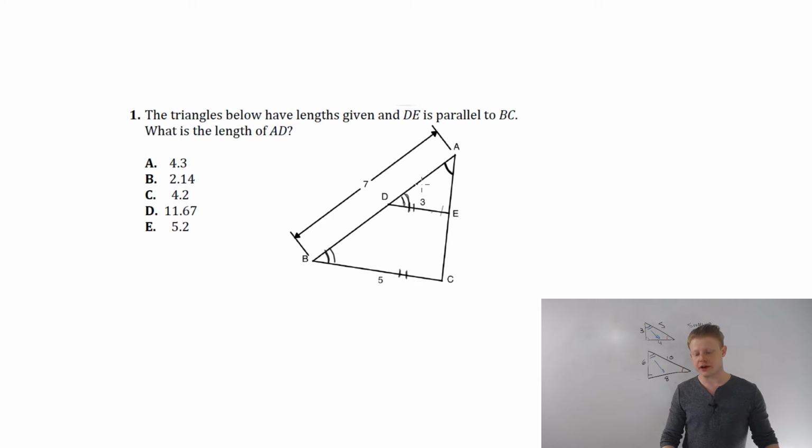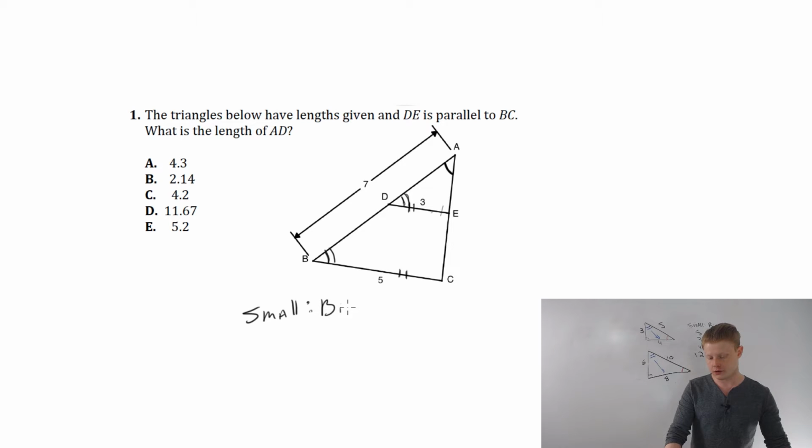Maybe I could do all three sides if I want, or I can start labeling sides. There are several ways to do it. You may want to play around with your own notation system, but I'm ready to set up a proportion, and I'm going to set it up as small to big, and I'm looking for two sides that I know. Remember, whenever you solve proportions, you need to start with a complete ratio.